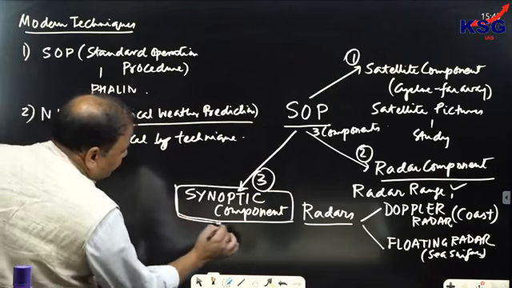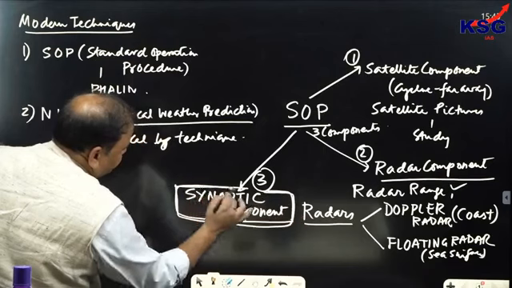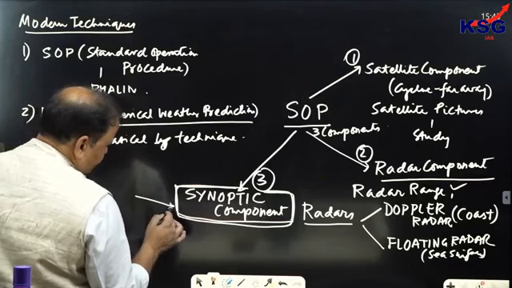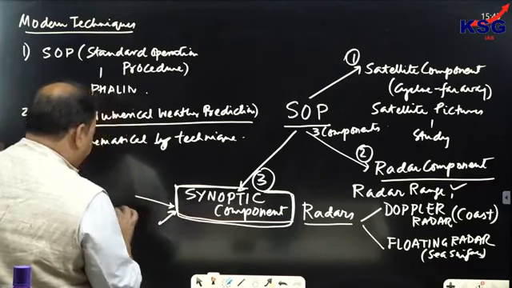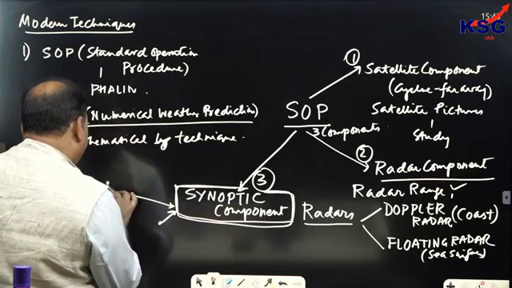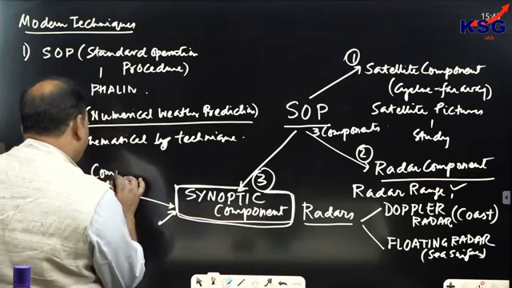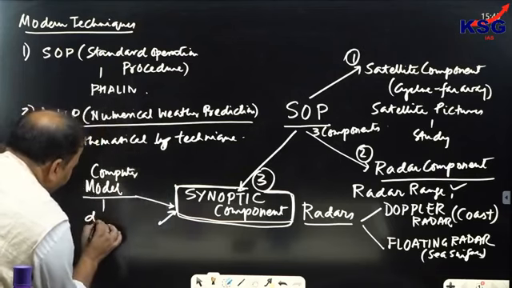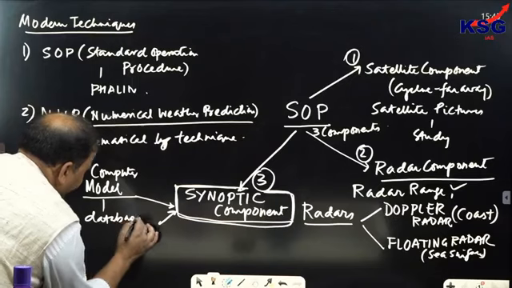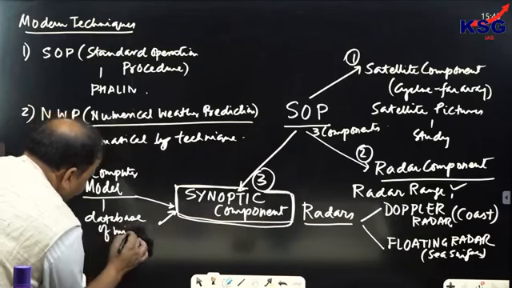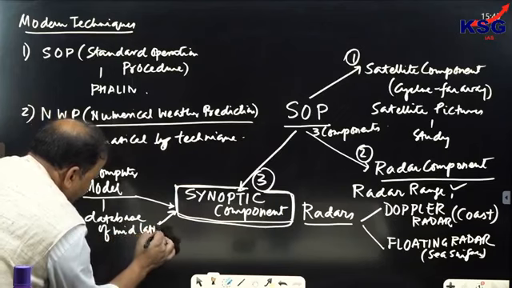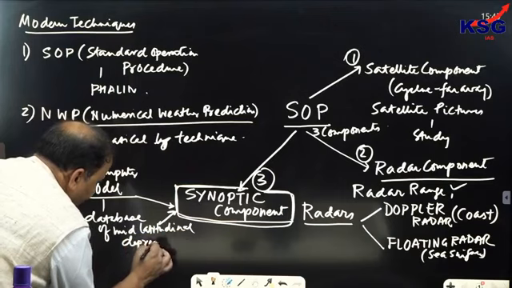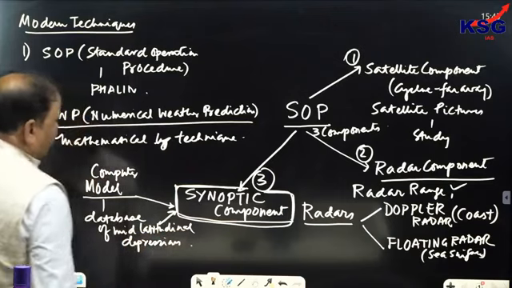And synoptic component means that there is a computer model which has a database of mid-latitudinal depressions. So it has a database of mid-latitudinal depressions.